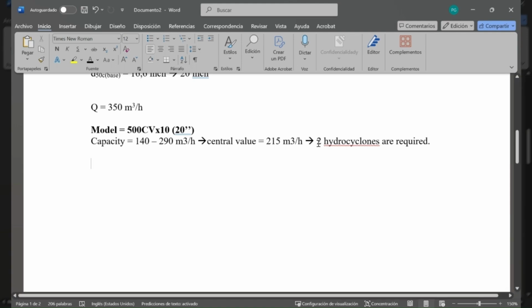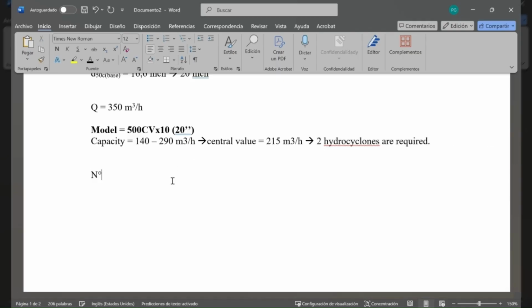So what I was saying is that 2 hydrocyclones are required. And why? Because to calculate the number of hydrocyclones required here, I have to divide the total flow rate, which is the 350, by the 215 cubic meters per hour of one hydrocyclone. It doesn't really make any difference because we cannot have 1 point something hydrocyclone.